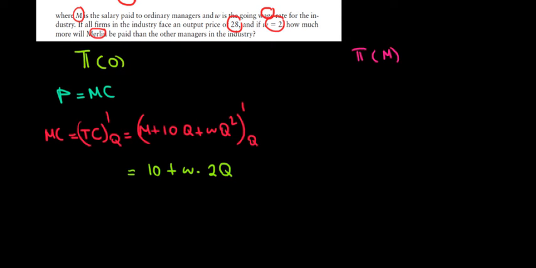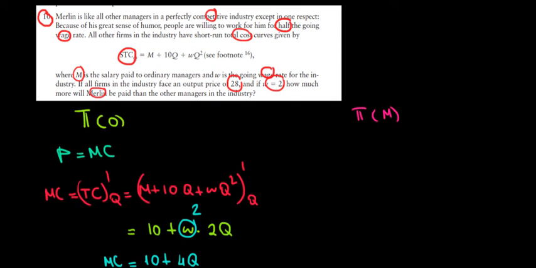Now, what's going to be our actual wage? We know that the wage is $2. So we will have 10 plus 2 times 2, which equals 4, times Q. 10 plus 4Q is going to be equal to our marginal cost. Recall that we want to make this equal to the price, and the price is the price for the output that we sell, and we sell it at $28.